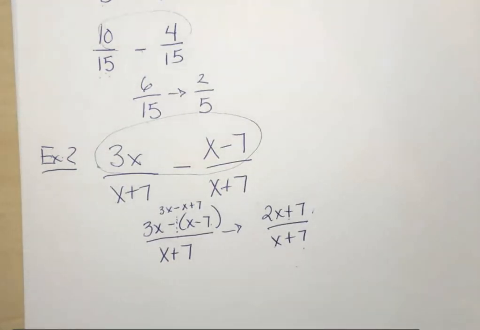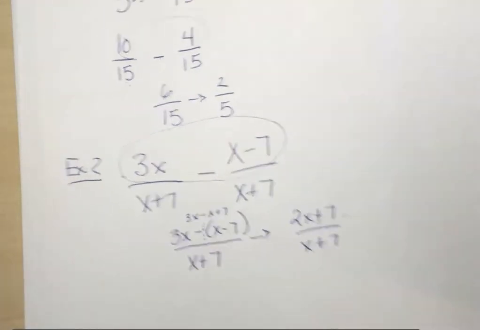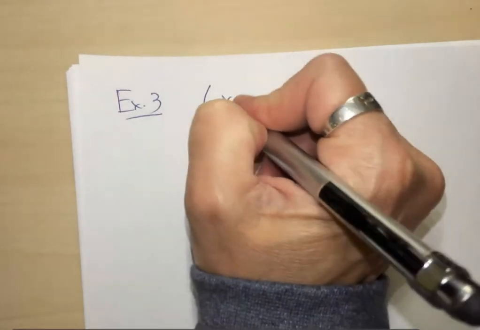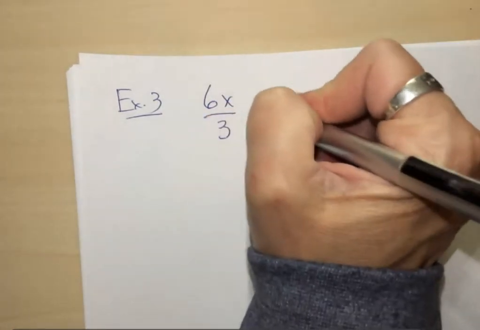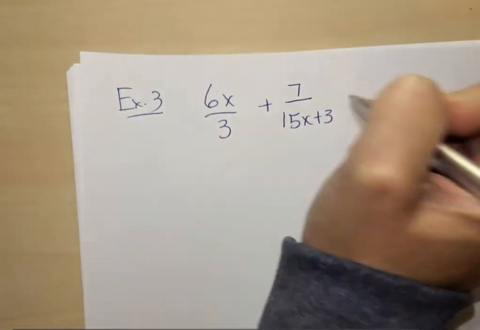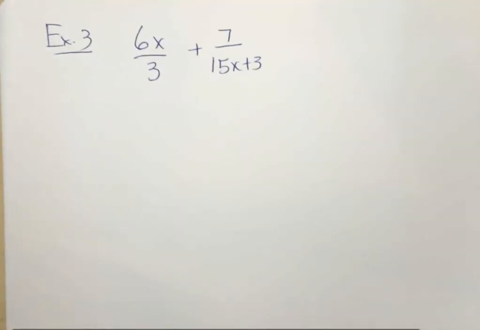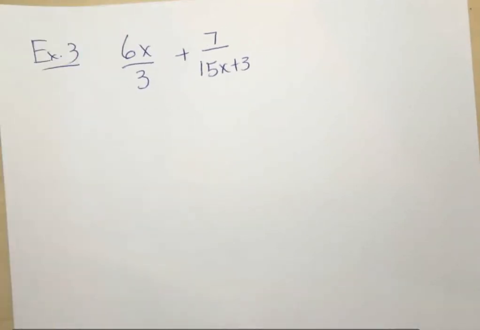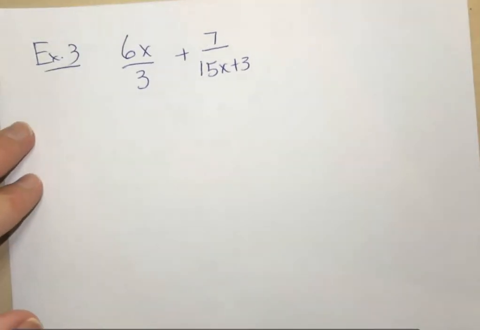All right, so now let's look at one that has a denominator that is not the same. So let's go with example number 3. Example number 3 is 6x over 3 plus 7 over 15x plus 3. So based on what we did before with finding a common denominator in the video before, we need to do that.